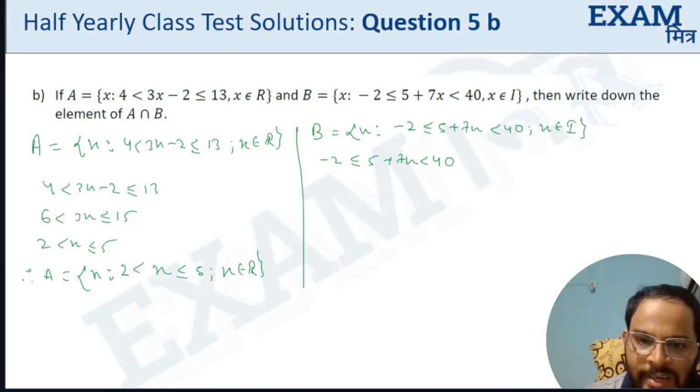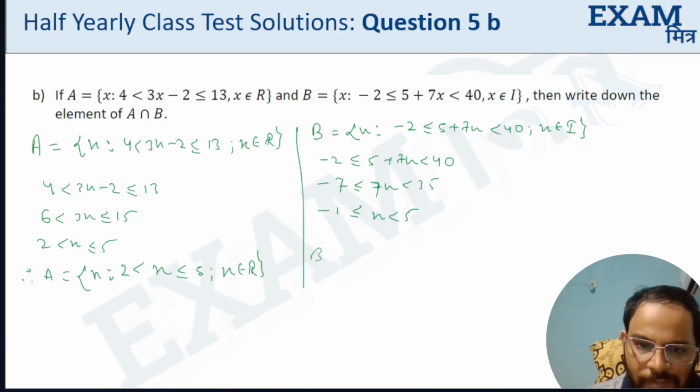We subtract 5 throughout, so this becomes minus 7 less than or equal to 7x less than 35. We divide by 7 throughout, and since 7 is positive, there is no change in the sign. That means this becomes minus 1 less than or equal to x less than 5.